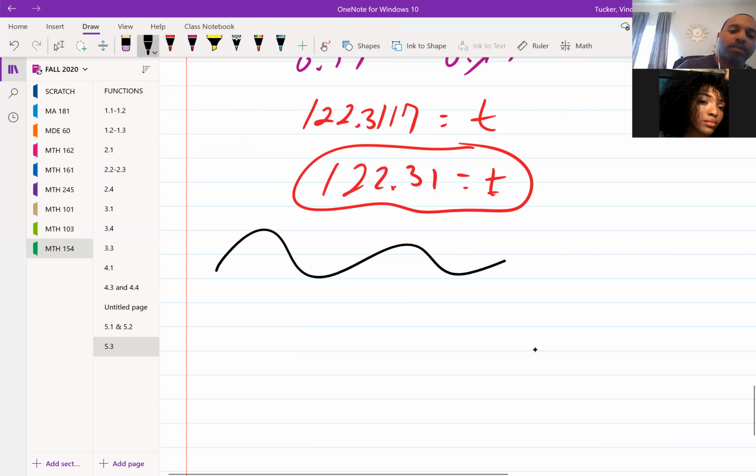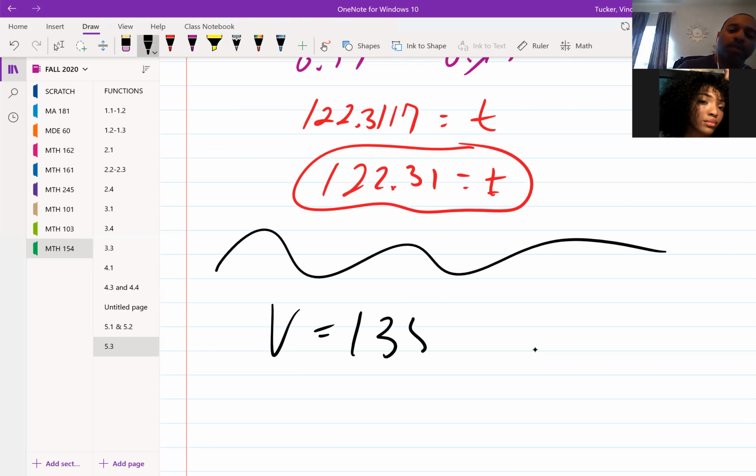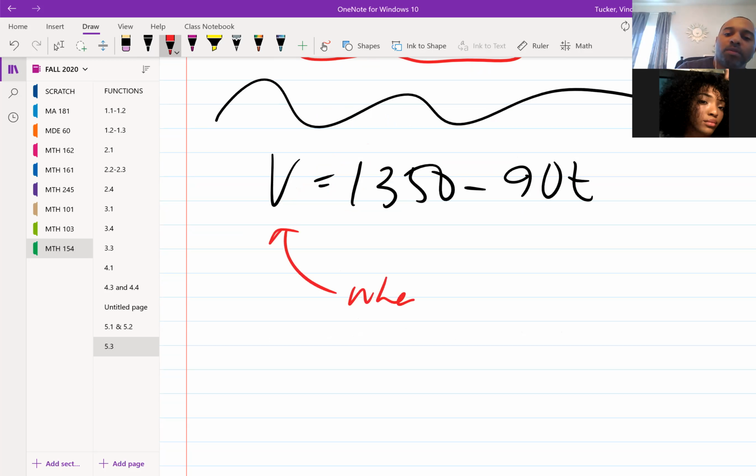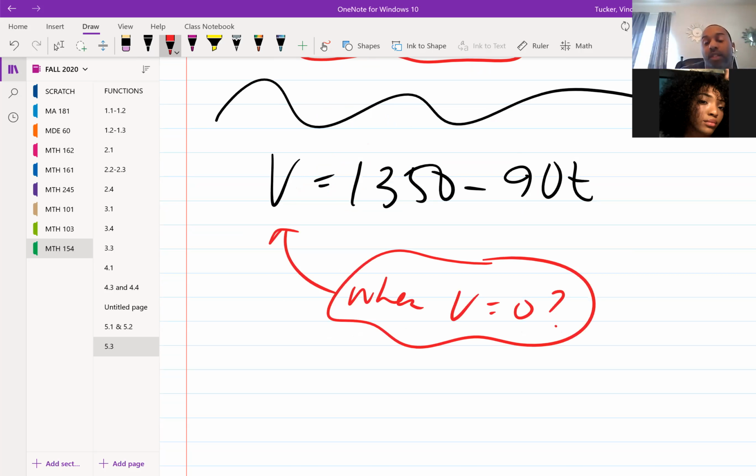So our equation is V is equal to 1350 minus 90 times T. Then they ask us, when does the depreciated value reach 0? So we want to know when is V equal to 0. So we plug in 0 for V and then solve.